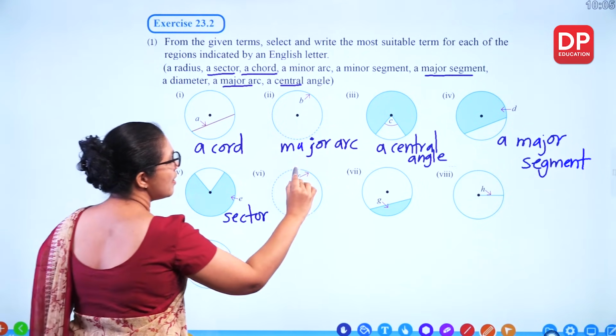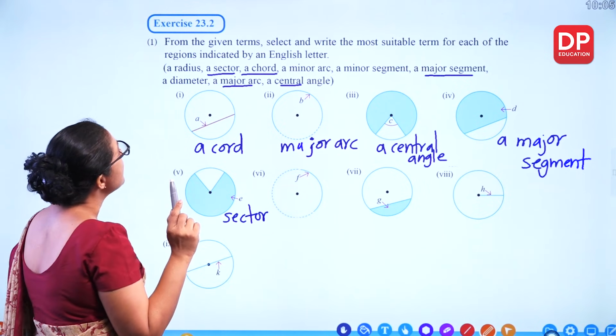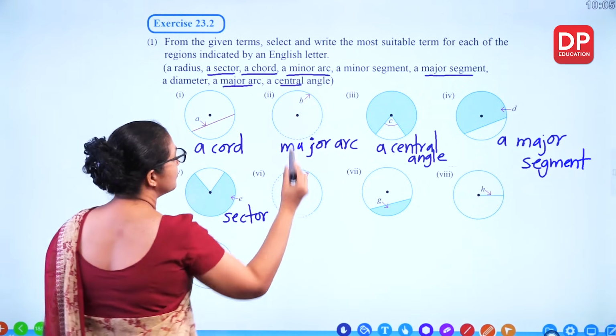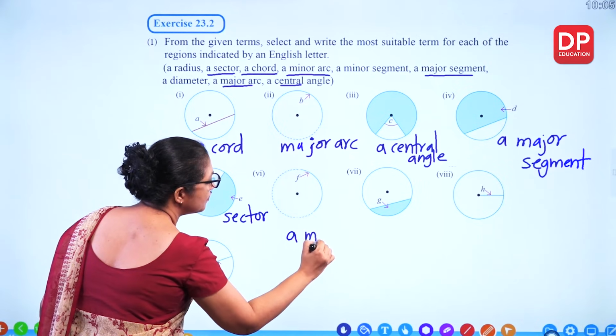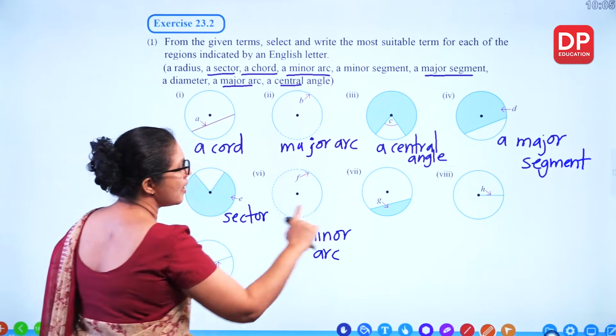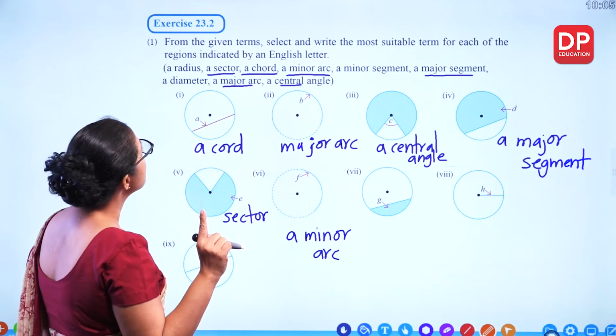Now here, small length, minor arc. This one is a segment, but it's a small one, minor segment.